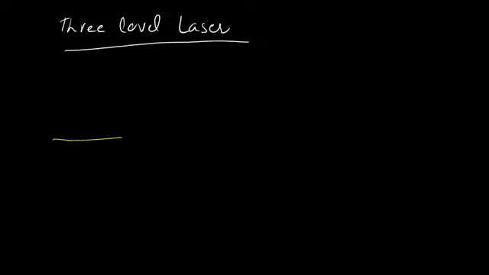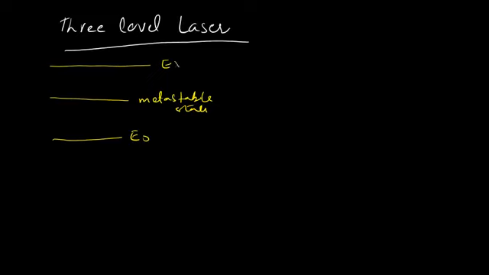First we have a ground state E naught, then we have a metastable state, and then after that we have the excited state. So there are 3 energy levels, E naught, E1, and this level can be named E2. So this is a 3 level laser.